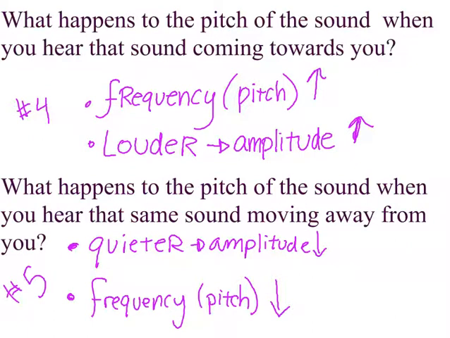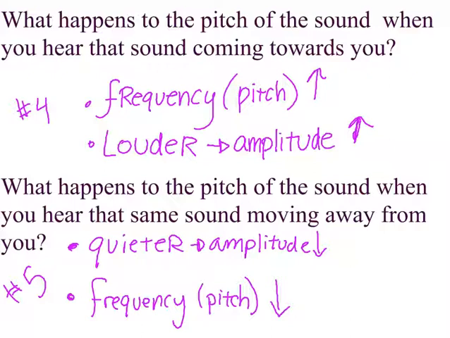Now, as far as music goes, pitch is the note that you hear. And frequency is what determines how high or low a note is. So when something is coming towards you, the frequency of that note tends to go up in pitch, and it also will get louder in amplitude.